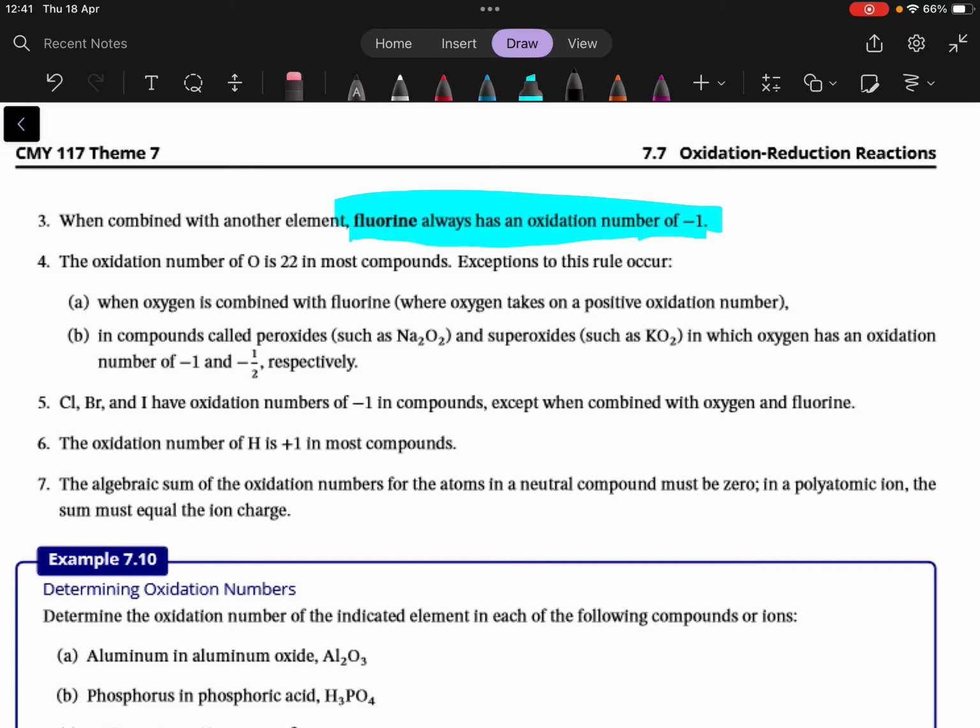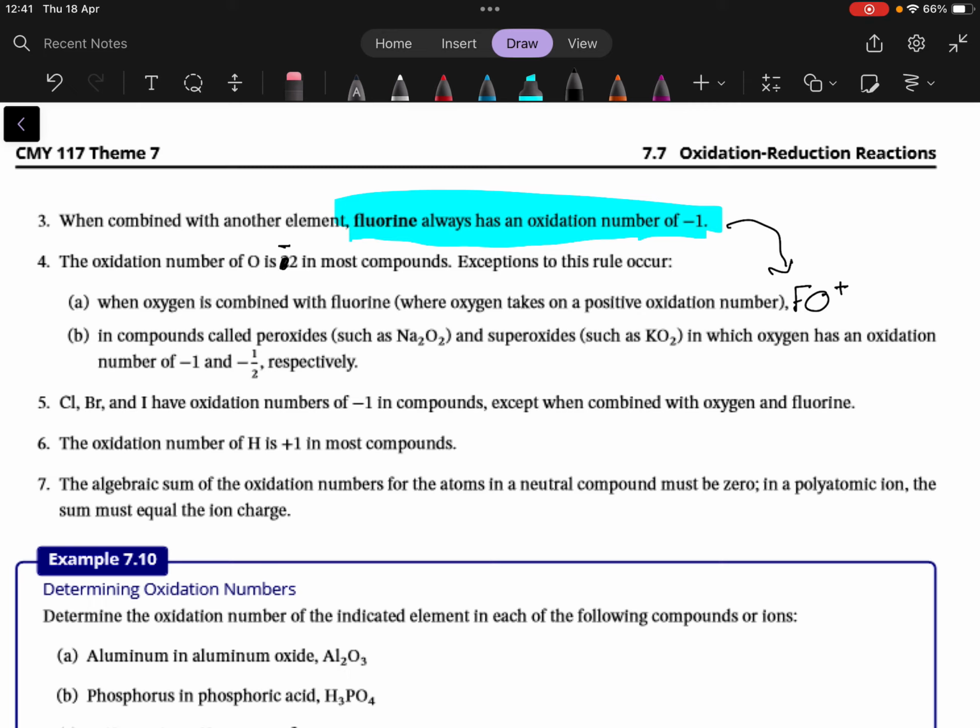And then the oxidation number of oxygen is -2 in most compounds, except when it is combined with fluorine. So if you have FO, not that that exists, the fluorine has to have a charge of -1, so the oxygen needs to have a +1 charge.